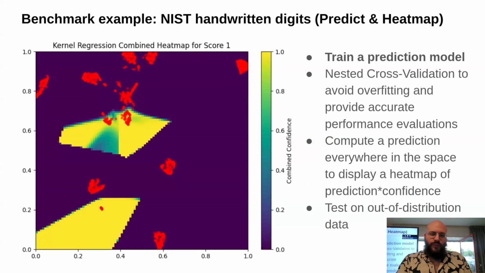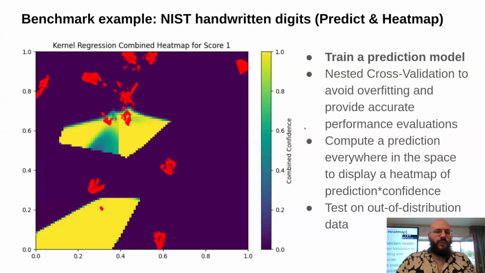And yeah, we tried it on an example. So that's the MNIST data set of handwritten digits, and in each pixel you have the value of the writing. And the idea was to test a classification method, and also to benchmark the method.